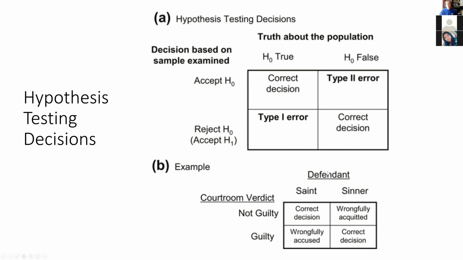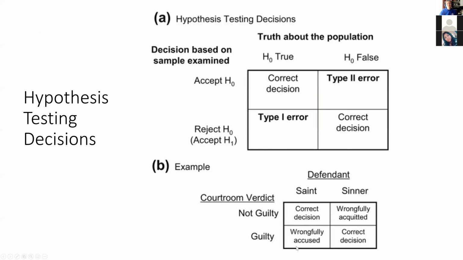So if you're thinking about a criminal case, for example, your null hypothesis is that you have a saint and they're not guilty of the crime, right? So in the null hypothesis situation, if you accept the null hypothesis when it's true, you've got the correct decision. But if you reject the null hypothesis when it's true, then you're going to send an innocent person to jail. That's a type 1 error. So when you reject the null hypothesis when it in fact is true.